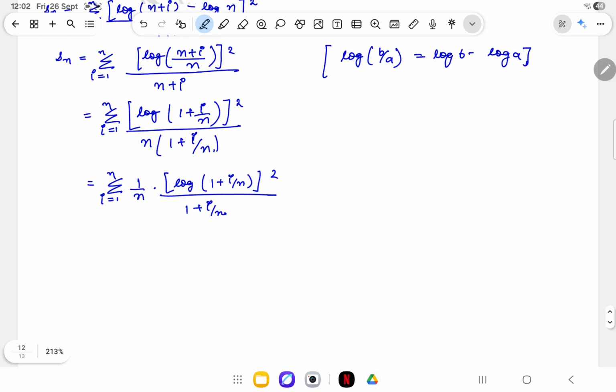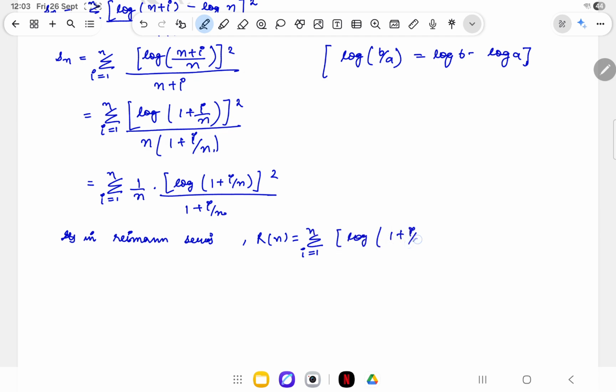Now you can see that we have reduced it to Riemann form, it's in a Riemann sum basically, such that my Rn is basically equal to summation i equals 1 to n log of (1 plus i by n) square divided by 1 plus i by n into 1 by n.